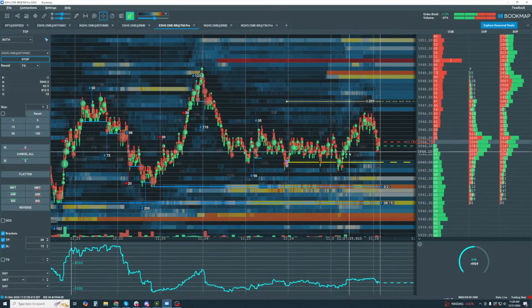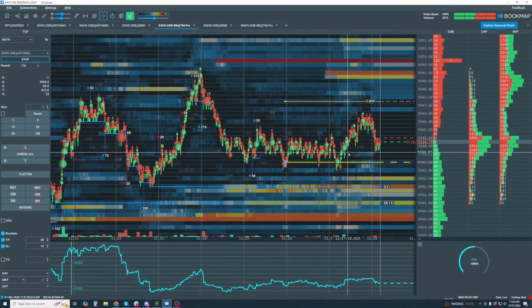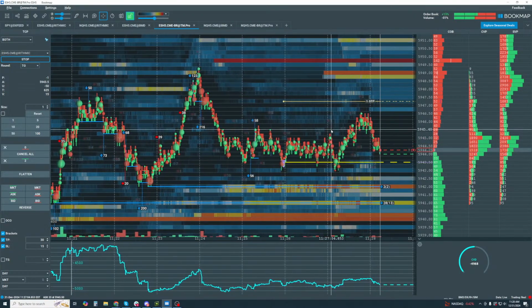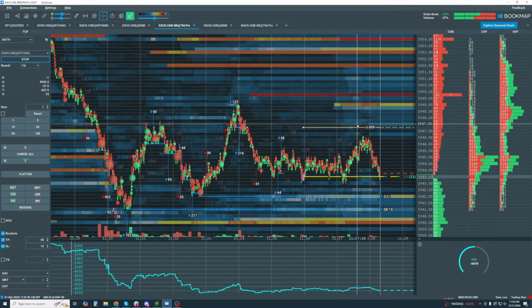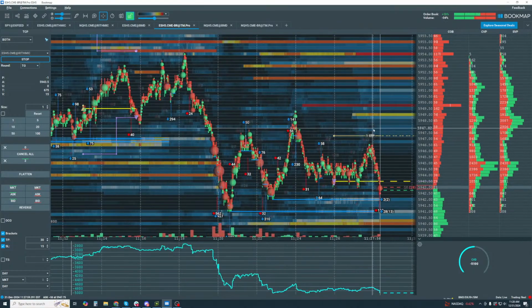Sellers just below here. Okay, see it then. See the drop.